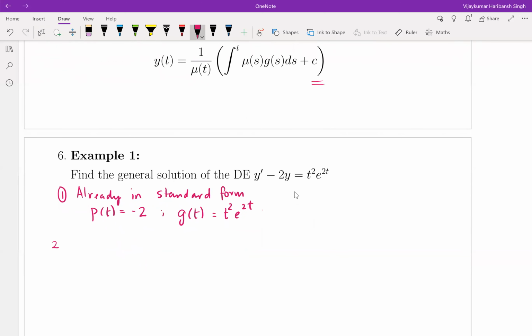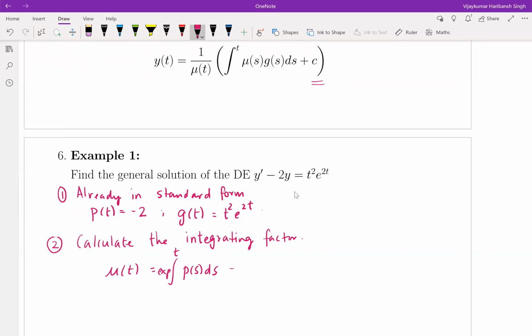Then the next thing is to calculate the integrating factor. My integrating factor mu of t is the exponential of the integral of p of s ds, which is the exponential of the integral of minus 2 ds.